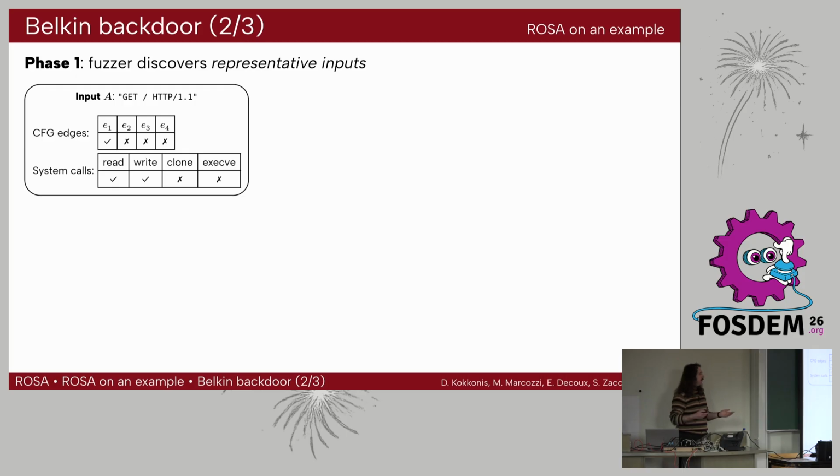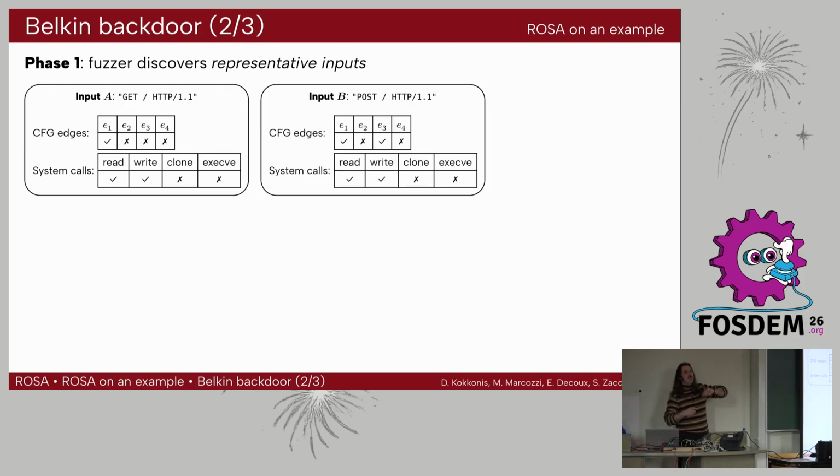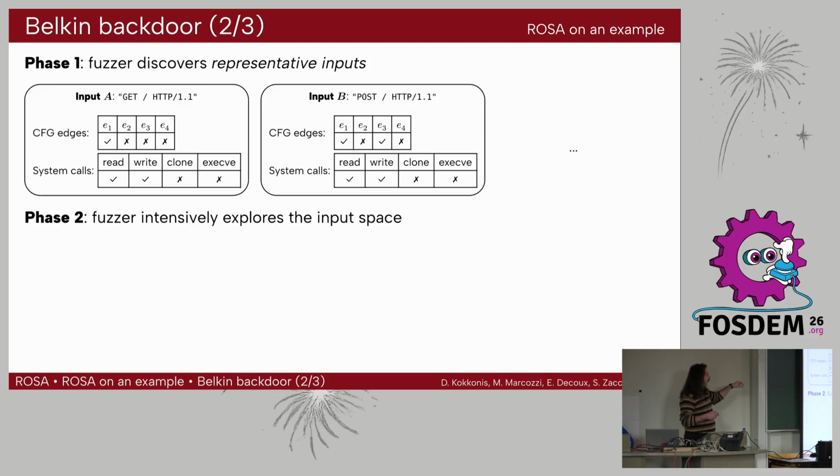And the fuzzer goes on. Maybe it manages to modify the string a little bit and generate a POST request that yields slightly different edges, so that's a different input, so that gets saved, and so on and so forth. Then very quickly, after about a minute, we switch to phase 2, where the fuzzer now intensively explores the program, and every new behavior is vetted individually.